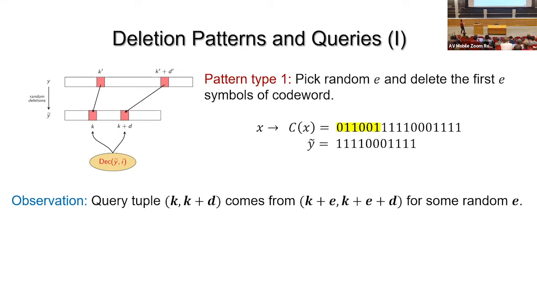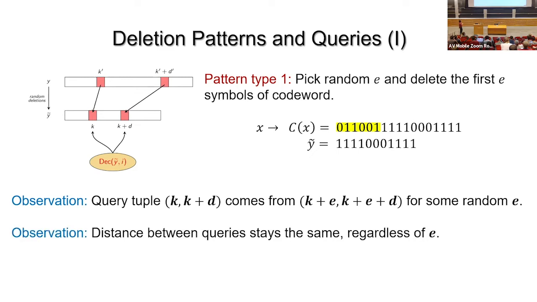Okay, and because I'm really shifting everything by e, it comes from tuples of this form, right? So what property do these tuples have? The distance between the first and second query is exactly the same, which is d. Okay, so that's one observation.